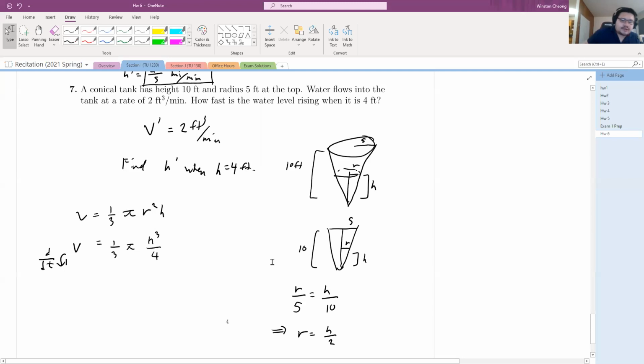But I'll give a bit of a warning about this. The reason that we really could do this replacement is because the way that the quantities R and H are related over time, there is a relationship there, right? If these factors were changing independently of one another, if it wasn't just the height of the cone that was changing, but also the angle of the cone, if both of these things were changing in some nonlinear, weird fashion, then you wouldn't be able to do this kind of simplification.